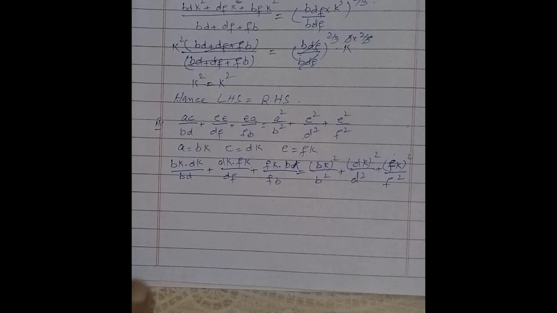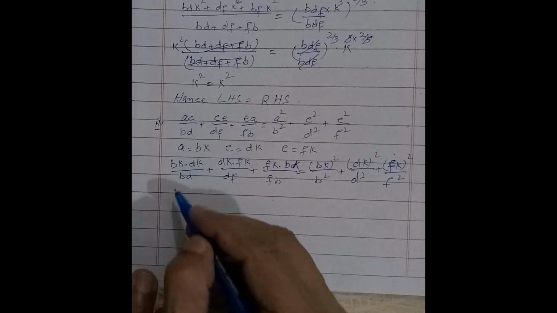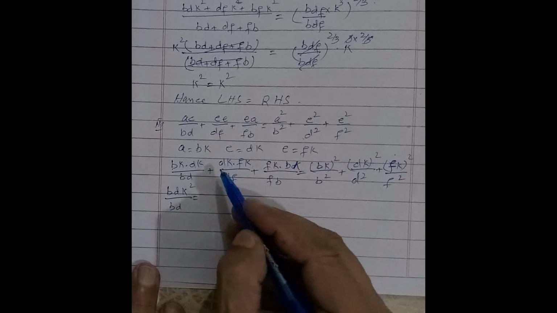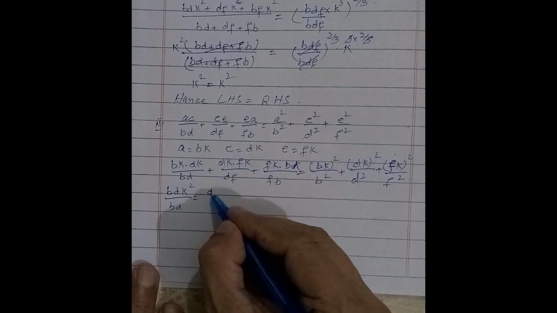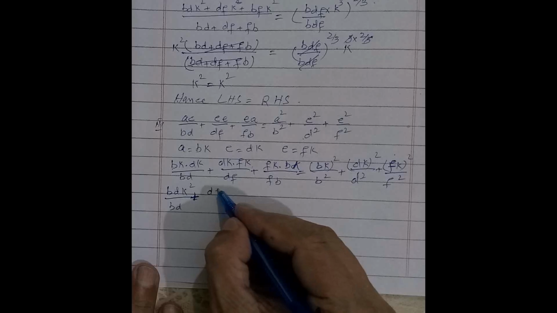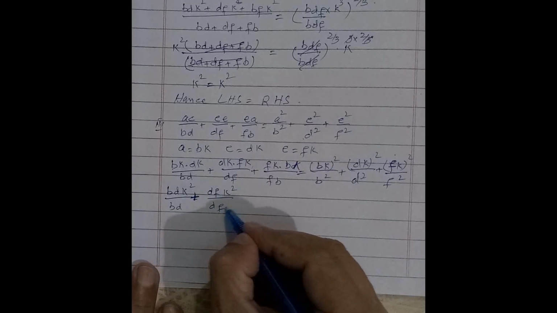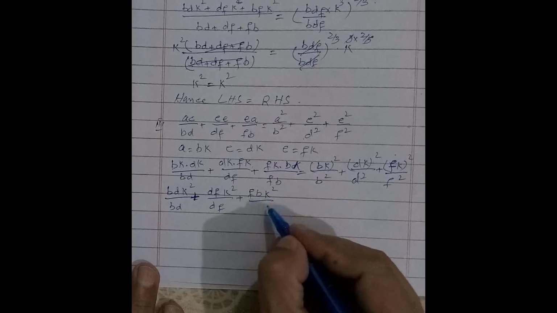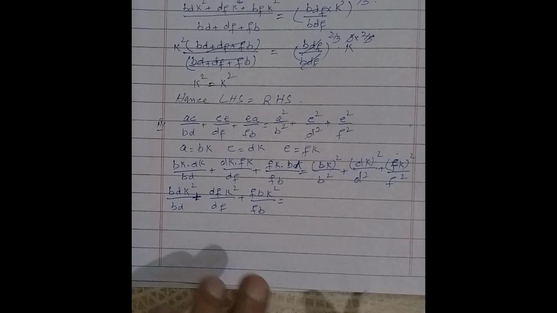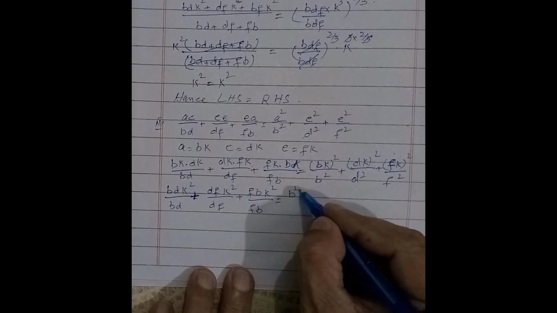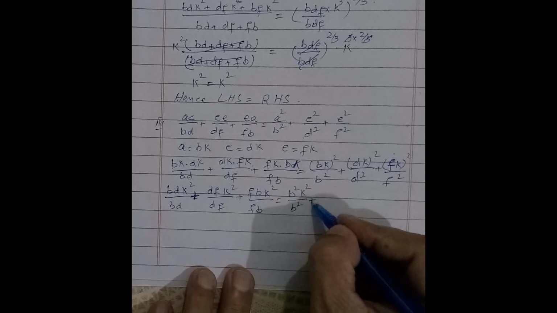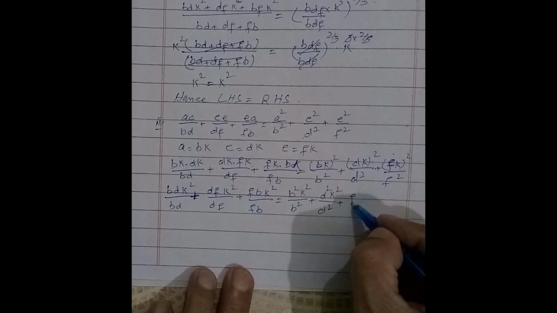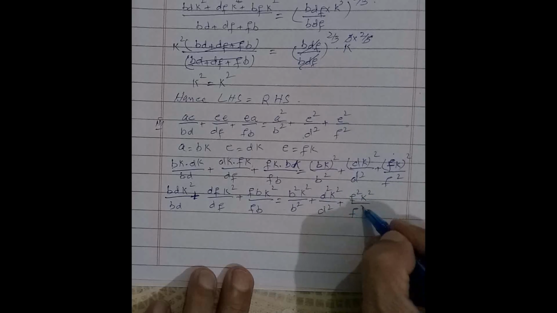Now we simplify these values. We get BK multiplied by DK, we have BD k squared over BD, plus DK multiplied by FK, we have DF k squared over DF, plus FK multiplied by BK, we have FB k squared over FB, is equal to, on the right side, B squared k squared over B squared plus D squared k squared over D squared plus F squared k squared over F squared.